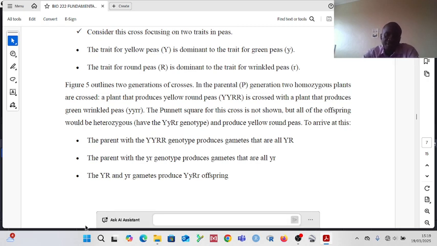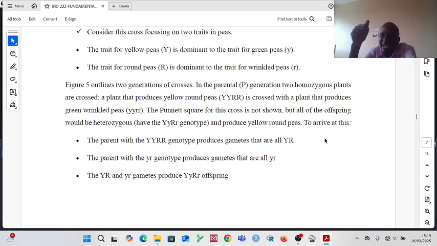We indicated here that the recessive allele for being green is small y. The allele for being wrinkled is a recessive trait, which is small r.